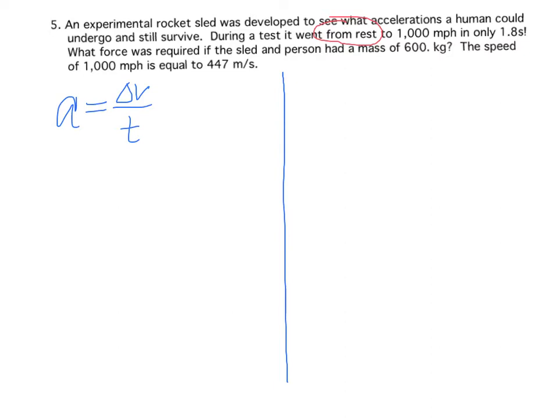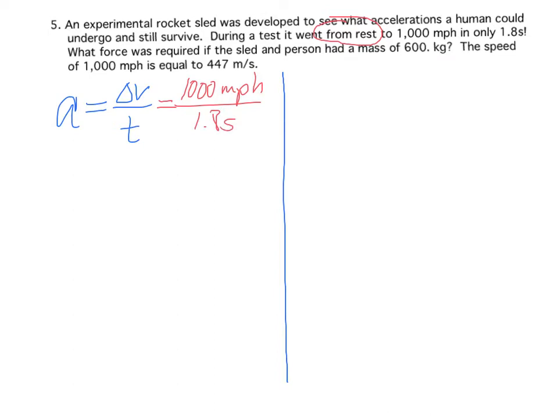So the first thing you want to take a look at is how to find acceleration. What you're going to need to remember from our last unit is the change in velocity over time. Well, our velocity went from rest to 1,000 miles per hour, so it has changed 1,000 miles per hour in 1.8 seconds.